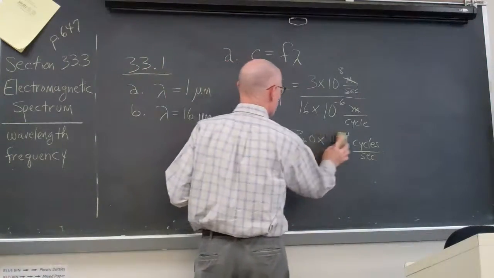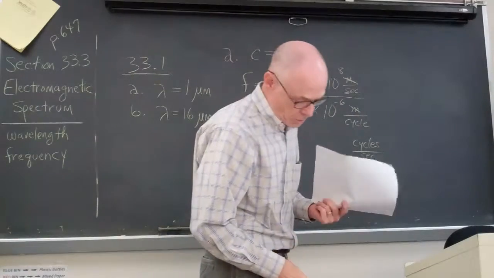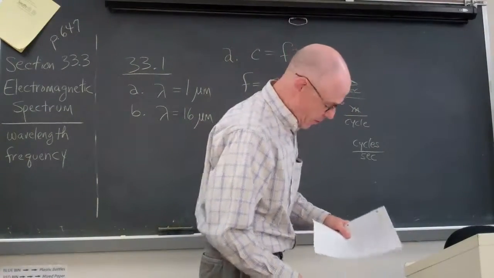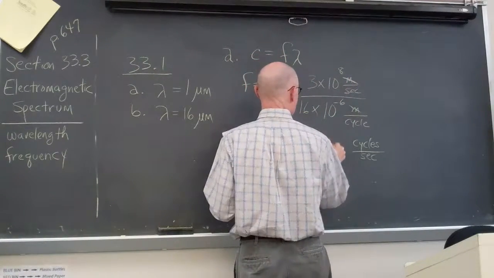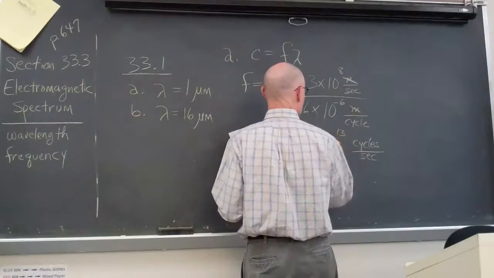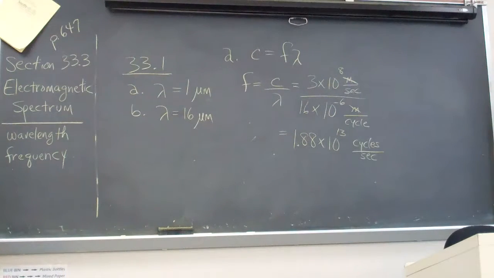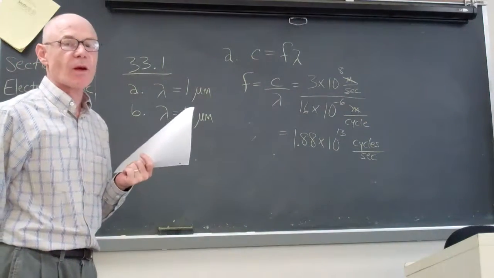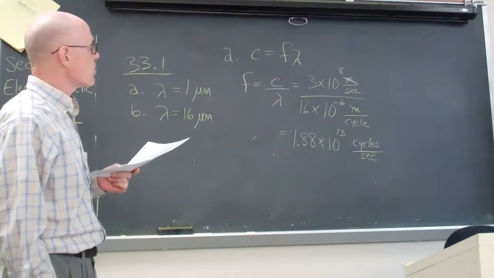And if you do that calculation, that comes out to 1.88 times 10 to the 13th cycles per second. Once again, I'm not able to help you with your calculator problems because I'm not there with you. Hopefully you're able to start working through that.